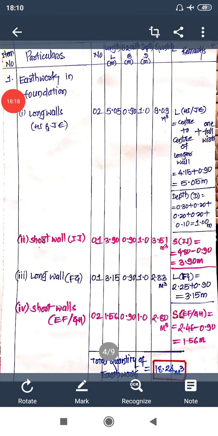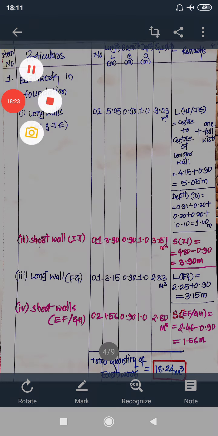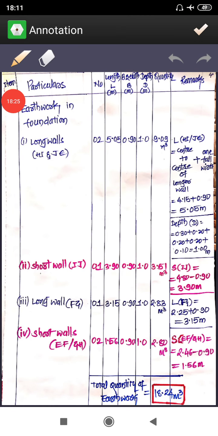That 1 meter I have shown here, right? I'll show you. I have written that in the remarks column. See here, that depth I have written. So now it will be very easy. See this numbers 2, length is 5.05, width is 0.9, depth is 1 meter. So quantity is 9.09 meter, right?